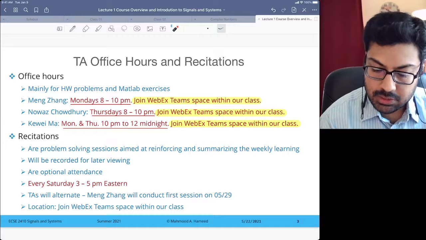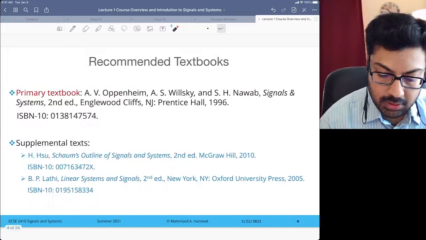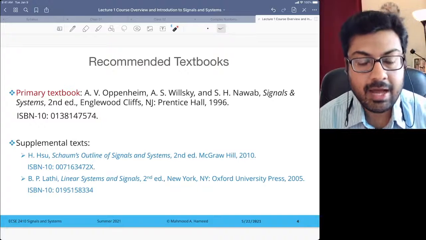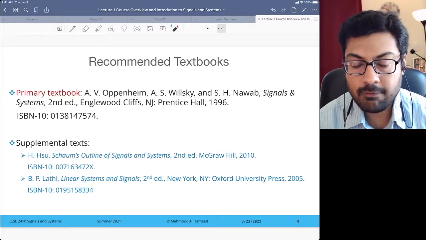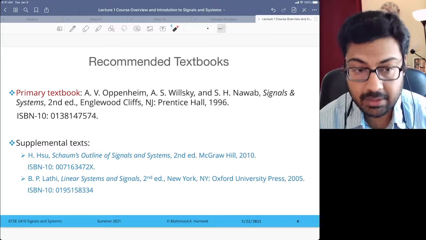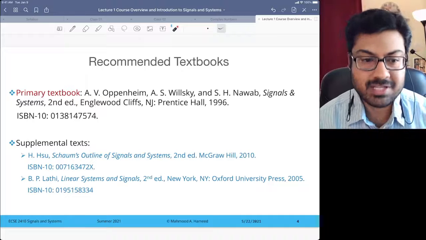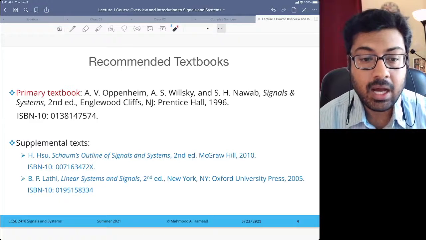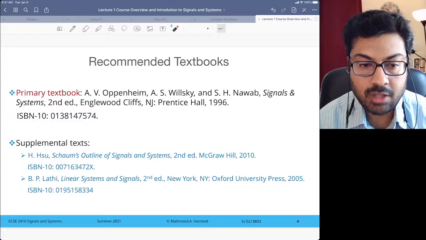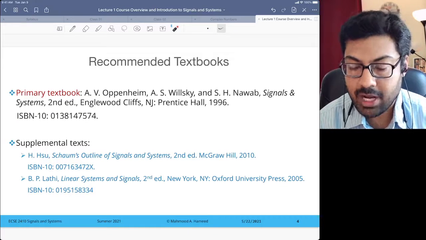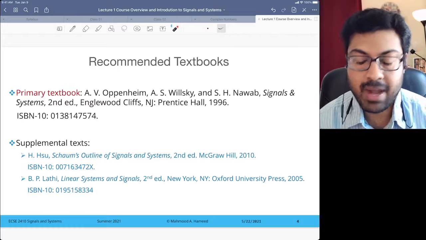Okay, let's move on here to the recommended textbooks. I've not made the textbooks for signals and systems required. These are recommended. The primary textbook is sort of the Bible for signals and systems, really. The author is Oppenheim, Willsky, and Nawab. The primary author is Oppenheim, who is sort of a pioneer in this field.